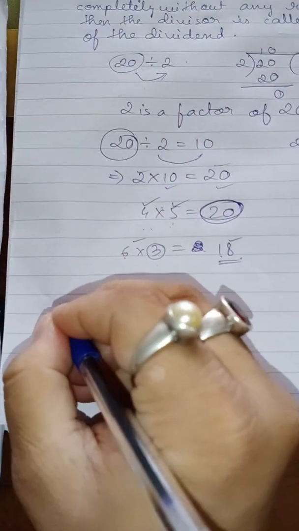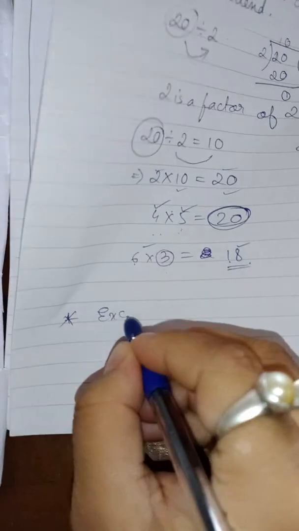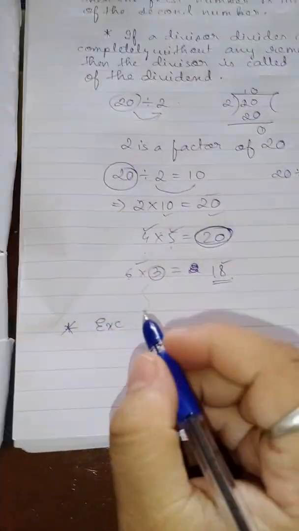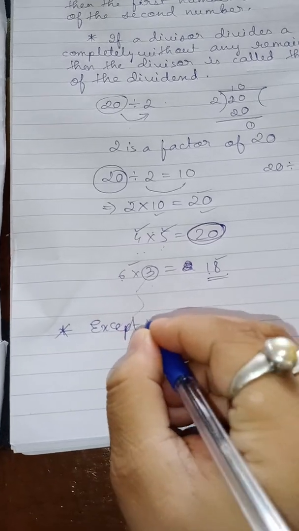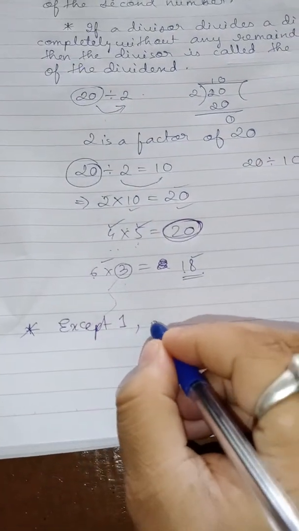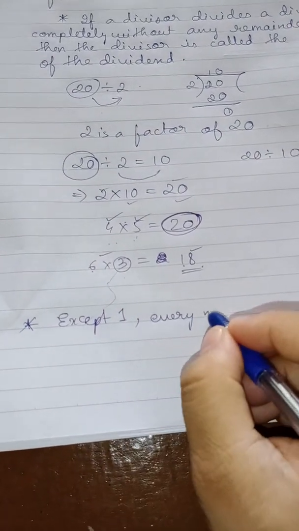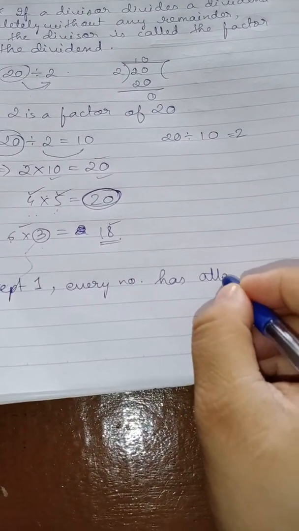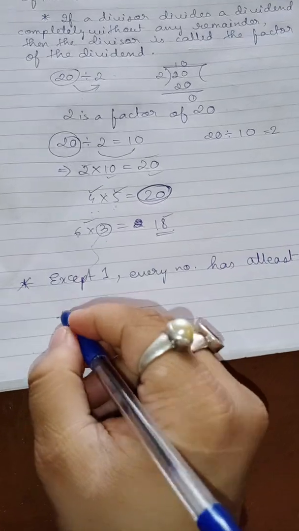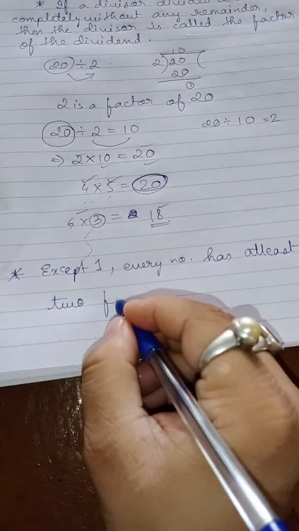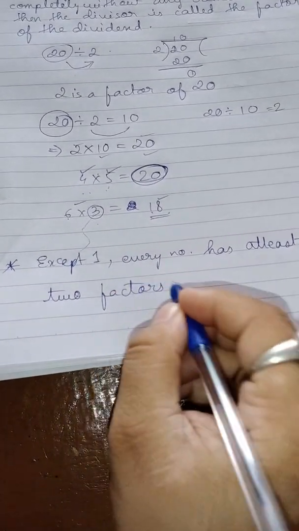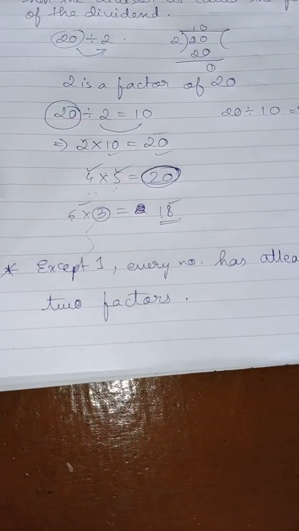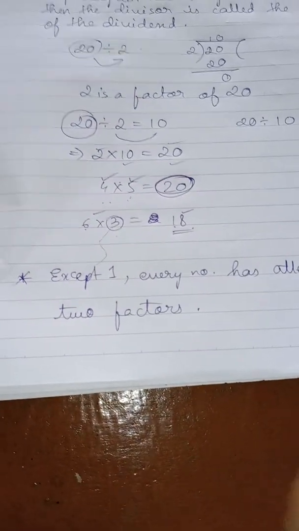Except one, every number has at least 2 factors. At least means minimum 2 factors, but it may be more than 2 also, but they will have 2 factors, not less than 2.